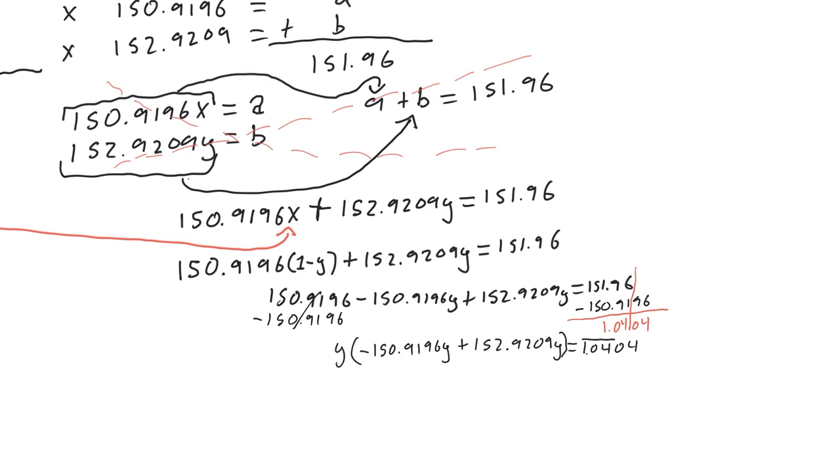Take y out, and I'm left with y times negative 150.9196 plus 152.9209 equals 1.0404. That's 3 sig figs.